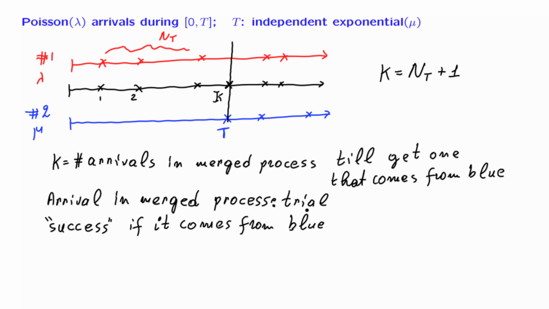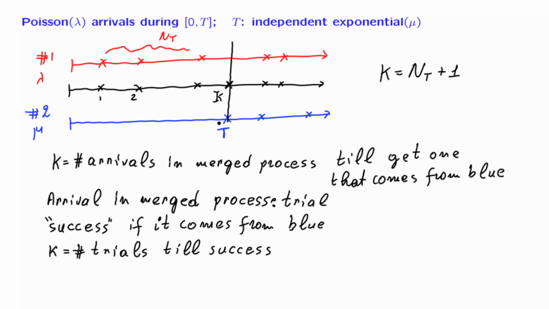So in that case, K is the number of trials until we have a success. K is the number of arrivals in the merged process until we have a successful arrival, meaning one that came out of the blue process.